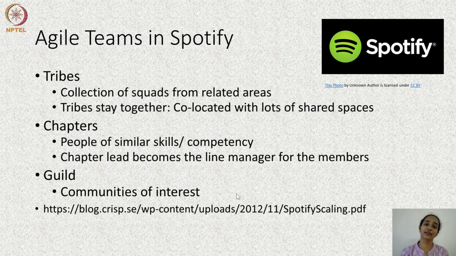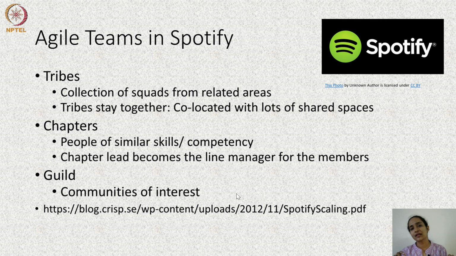What are the other ways in which members are collected in Spotify? Well, we have tribes, chapters, and guilds. Tribes are a collection of squads from related work areas which stay together. That is, they are given co-located spaces where there is a lot of shared space.